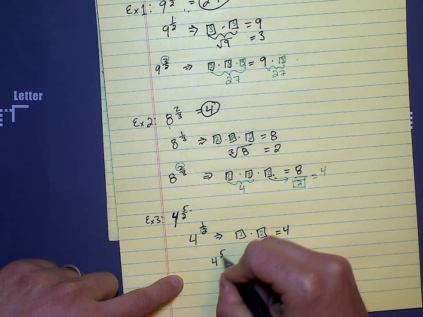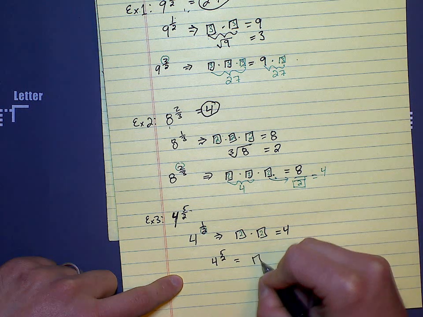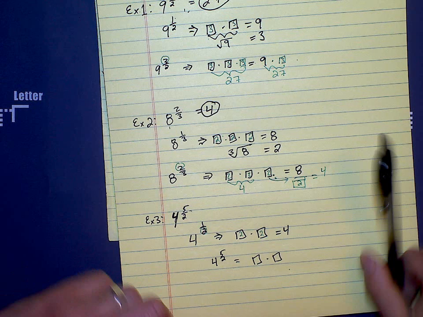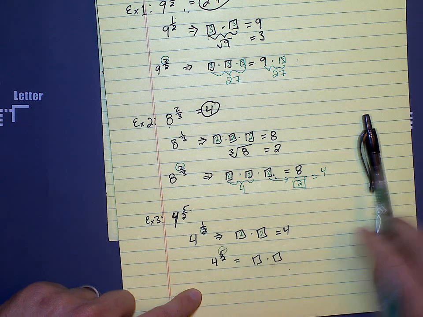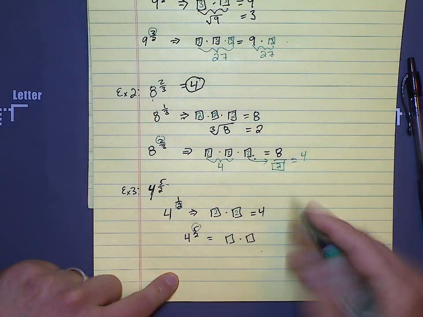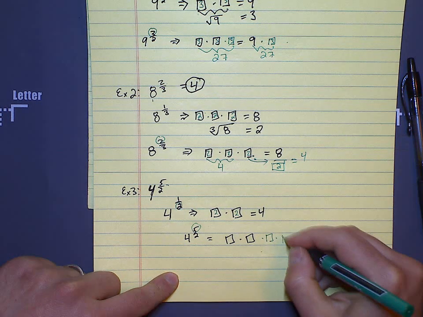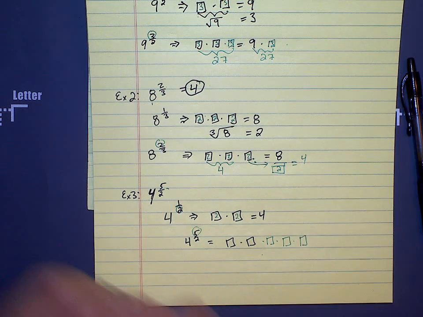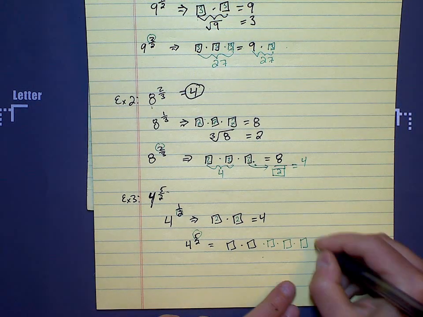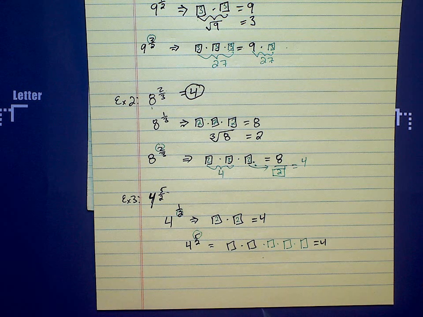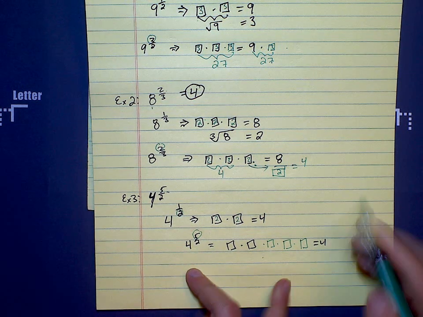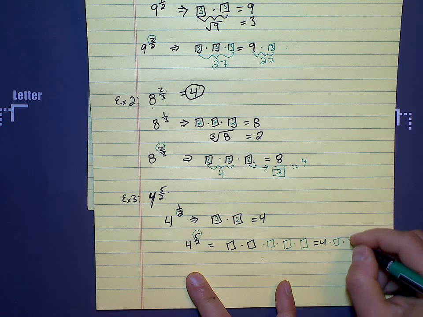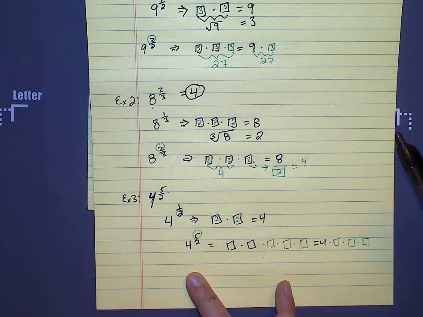So we're going to take 4 to the 5 over 2. We're going to take those original 2 numbers, and we need 3 more. So we're going to take times 2 times 2 times 2, and that was equal to 4. But now the answer is going to be equal to 4 times 3 more of those numbers.